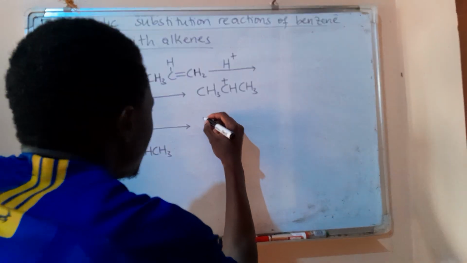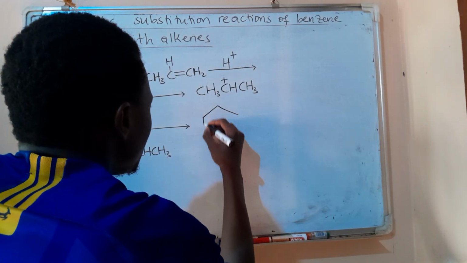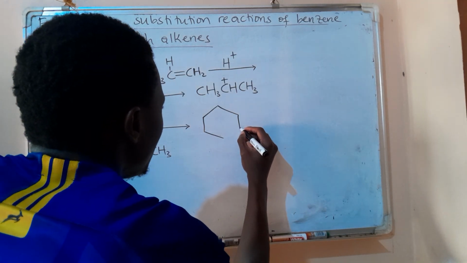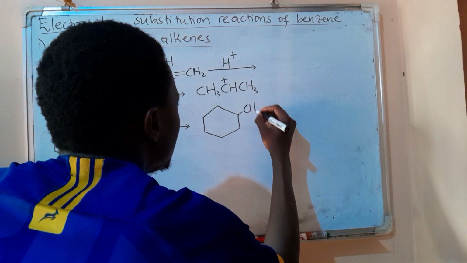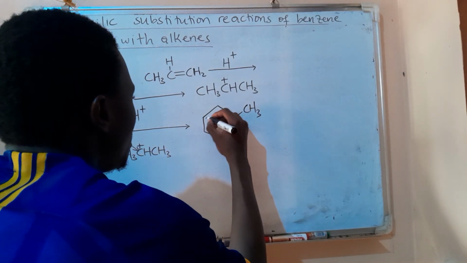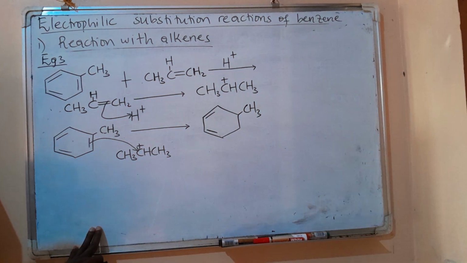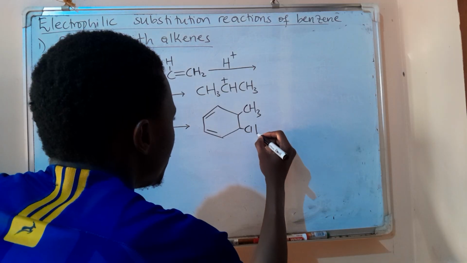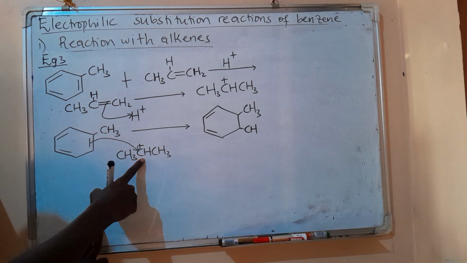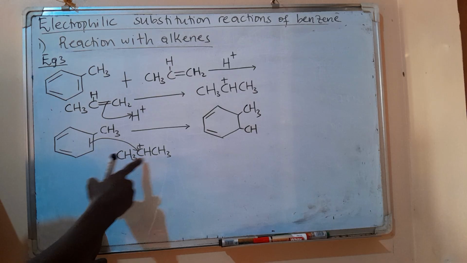So what shall we have? We shall have the following: CH3, then it comes here, CH. But this CH, if you look at it carefully, it has CH3, CH3.